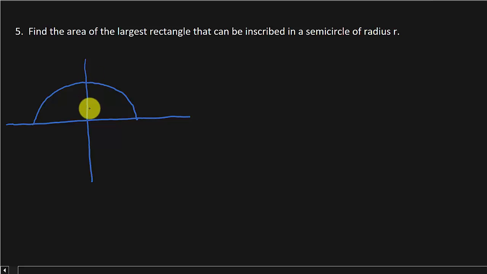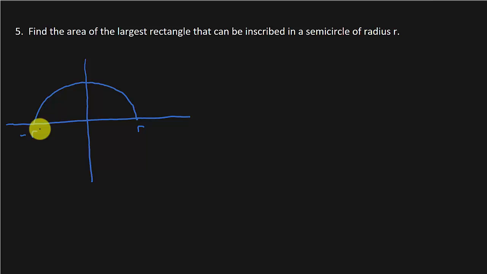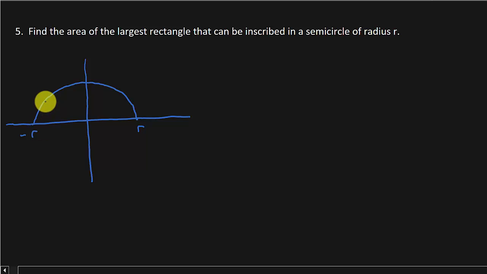And this right here, I'm drawing it in the middle. And so we know that this is r, this is negative r. That's the radius of the circle. And so now if I draw me a rectangle in here, I want the largest area for the rectangle.